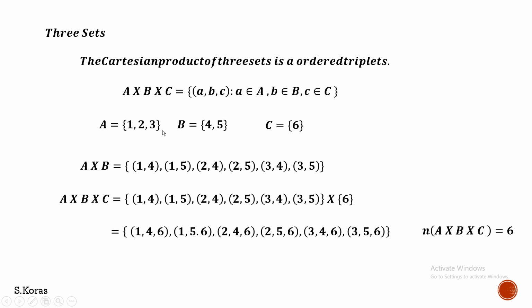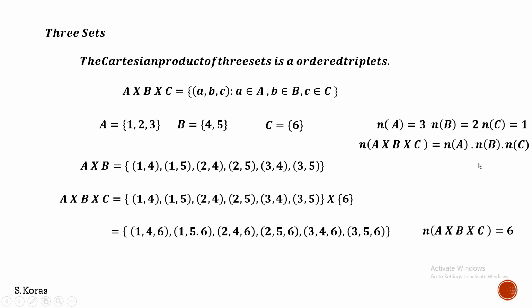Number of elements in set A is 3, in set B is 2, and in set C is 1. If you multiply 3 into 2 into 1, we get the same answer, 6. So n of A cross B cross C is nothing but n of A into n of B into n of C. This is the basics of Cartesian product. You can extend it for 4 sets and further.